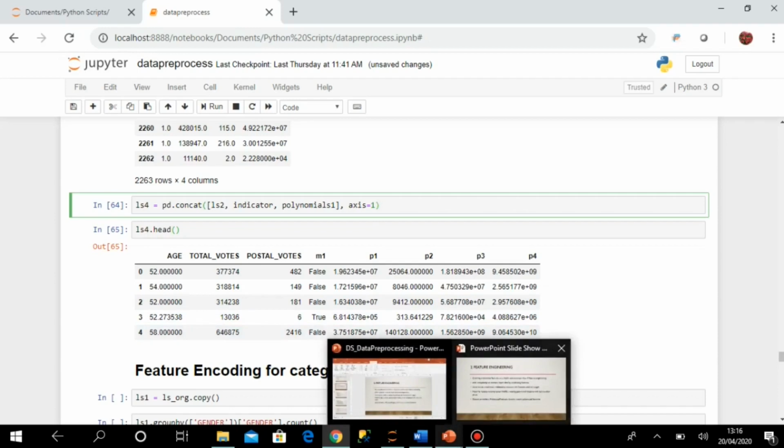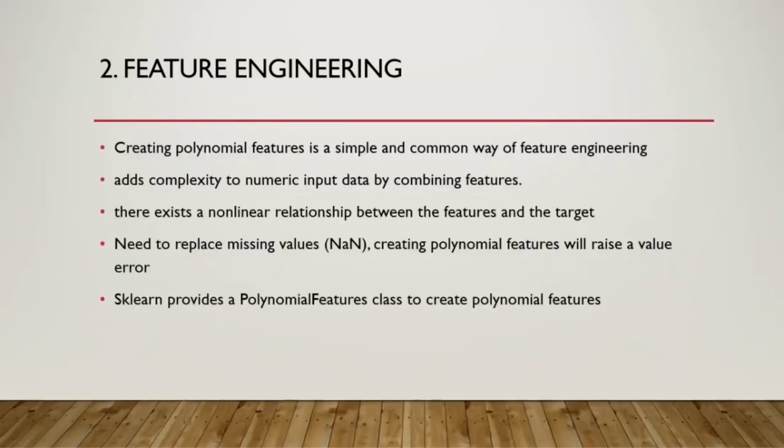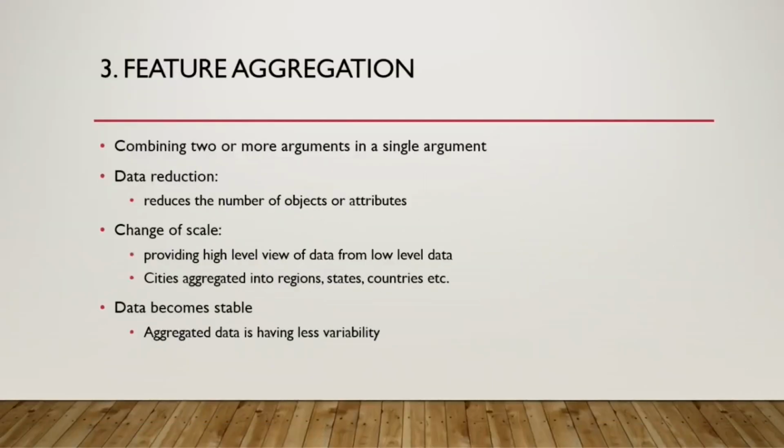Now we will go back to our presentation. The next thing is feature aggregation. It is another type of pre-processing of data. Here we are combining two or more attributes into a single attribute. Suppose you have data about the birthday of a person. Maybe there are 3 columns, one for the day, one for the month, and one for the year.